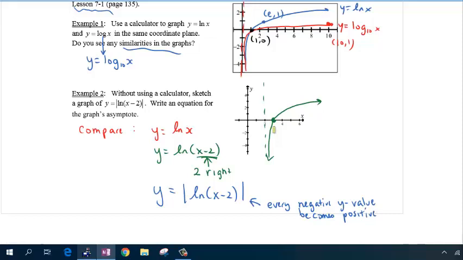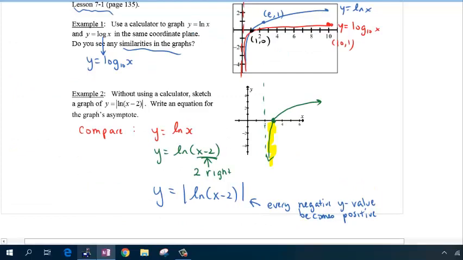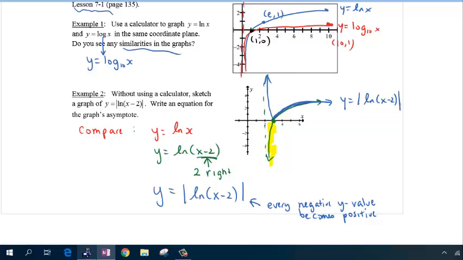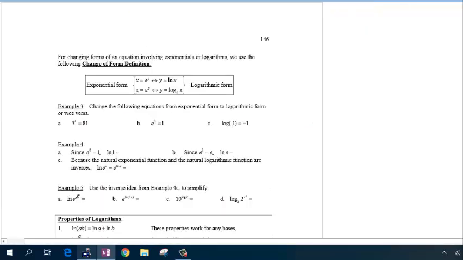So this part of the graph here disappears and gets reflected up top. And now we have our graph of the absolute value of the natural log of x minus 2. Ta-da! Okay, so on to the next page.